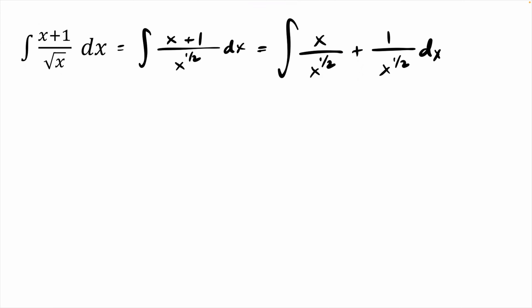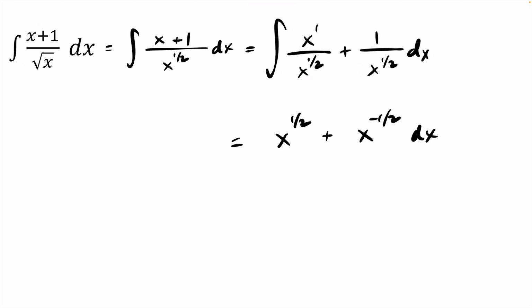I can simplify. This is 1, right? Subtract the powers. I get x to the 1/2. The other one I can't subtract the powers, but I can move it up to make negative 1/2 power. Once I do that, now I can use the power rule.